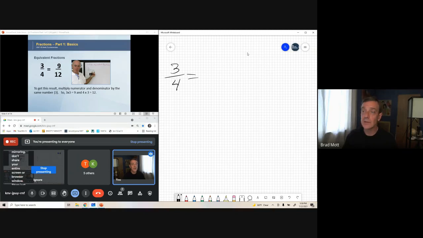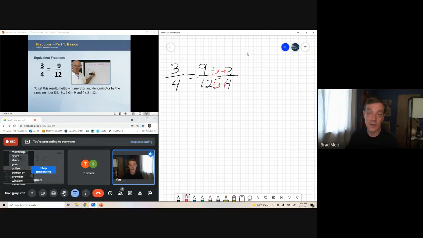So we should be able to see that 3/4 is the simplified version of 9/12. In other words, 3 goes into 9 3 times, and 3 goes into 12 4 times. That's what I'm saying. So they have a factor of 3 in common. 9 divided by 3 is 3. 12 divided by 3 is 4.